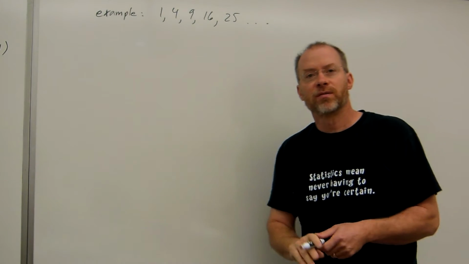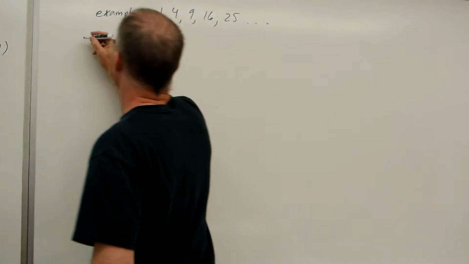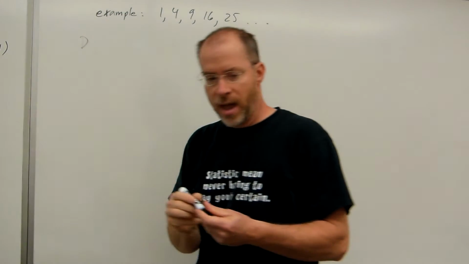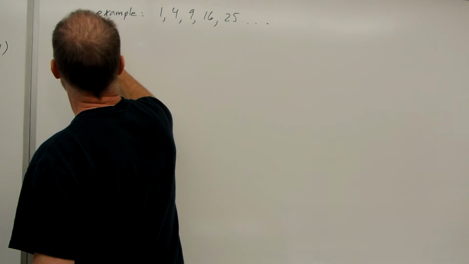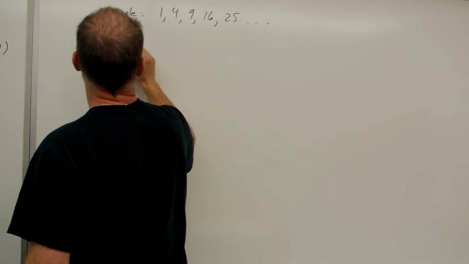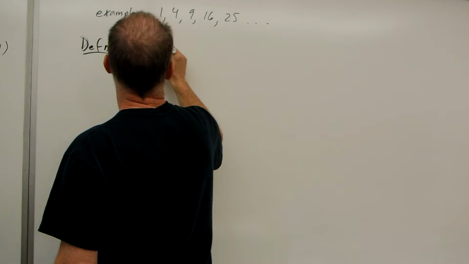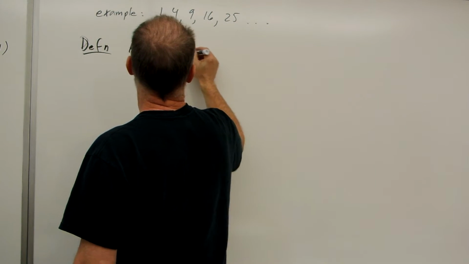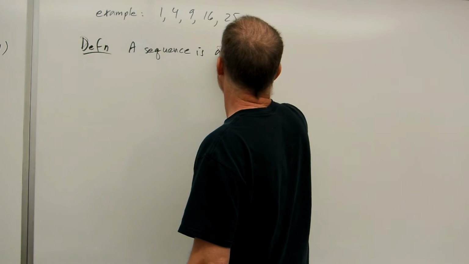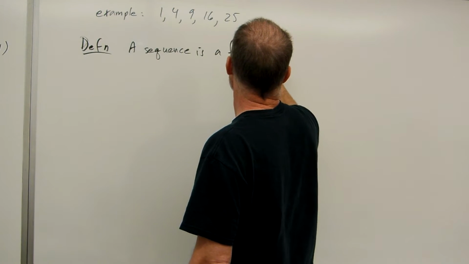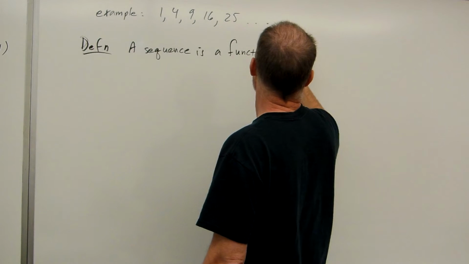Okay, we want a more sophisticated definition of what a sequence is now. And I think it's kind of a surprising definition, to tell you the truth. We're going to say a sequence of numbers, a number pattern, is a function. Whoa.